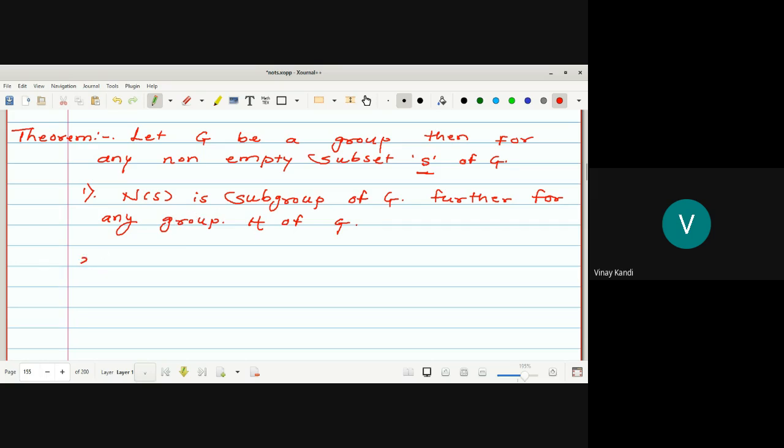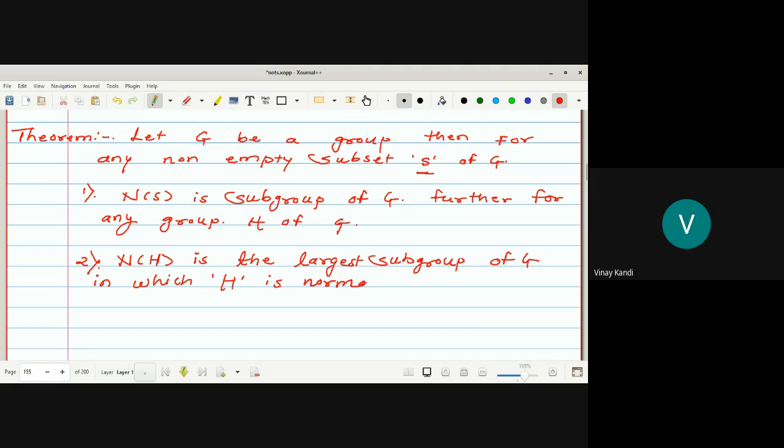Now the second statement: the normalizer of H, that is N of H, is the largest subgroup of G in which capital H is normal.